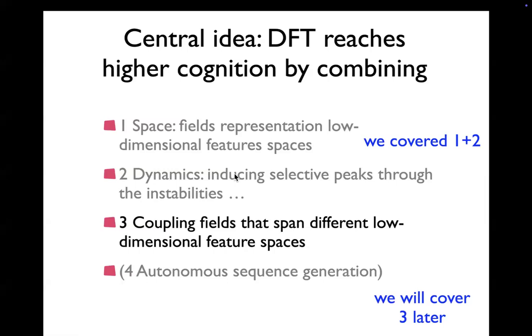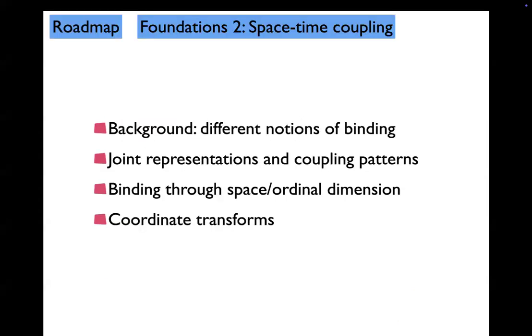And so now today I'm going to show how coupling such fields leads to elements of higher cognition, particularly binding. I'll be talking about binding. And then, as I mentioned, we will cover autonomous sequence generation in January.